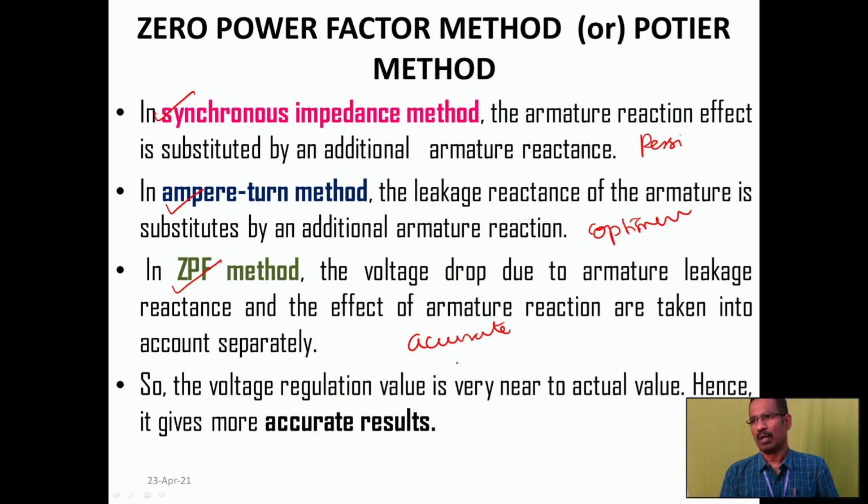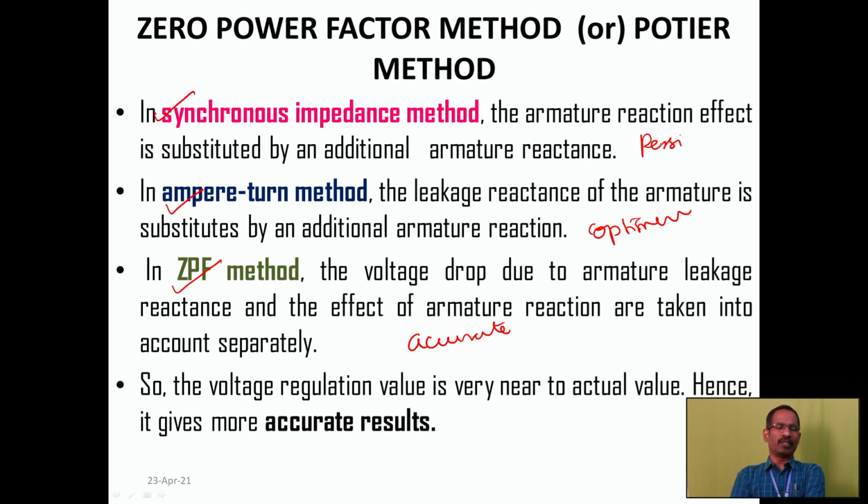So I have calculated all the values. By using all these, I can find the voltage regulation by using these three indirect methods: synchronous impedance method, ampere turns method, and ZPF method. Among these three, in the synchronous impedance method, first I am calculating the ZS. In the MMF method, I am calculating the IFR.